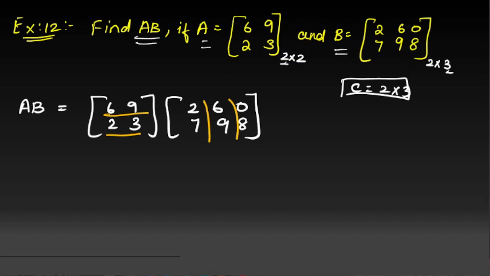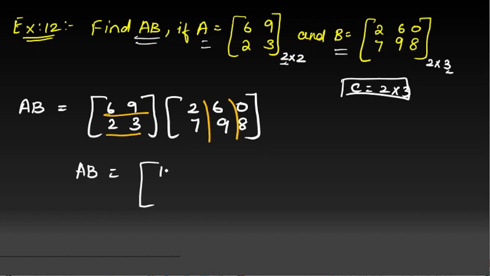Now let's start to multiply. Your AB, I already told you, is a 2 by 3 matrix. That means 3 columns will be there and 2 rows will be there, same like this. Now first 6 into 2, 9 into 7. First row, first column. First row, second column. First row, third column. And you have to add and put it in the same row. Then second row, first column. Second row, second column. Second row, third column. Clear?